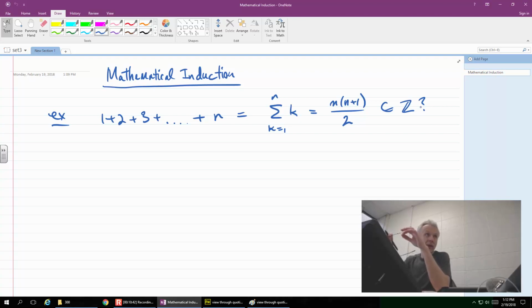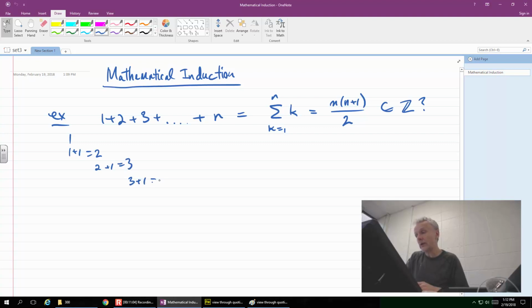Geometric progression is when you have your bank account and you get 10%, 5% yearly. If you contribute $100 every month, that's an arithmetic progression. So you go from 1 to 1 plus 1, which is 2, then 2 plus 1, which is 3, then 3 plus 1, which is 4. That is an arithmetic progression.